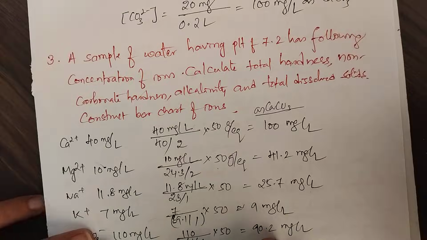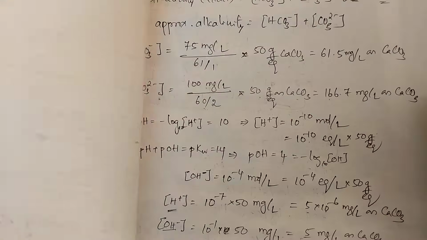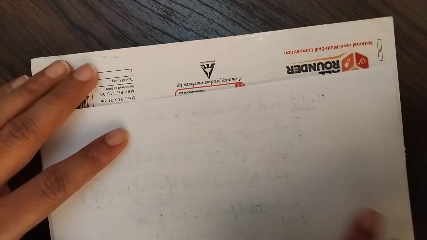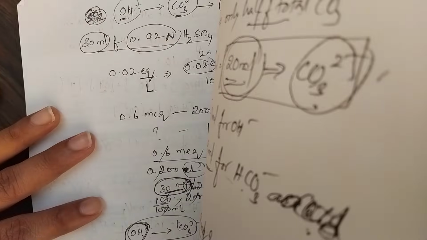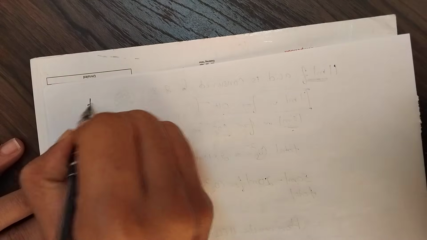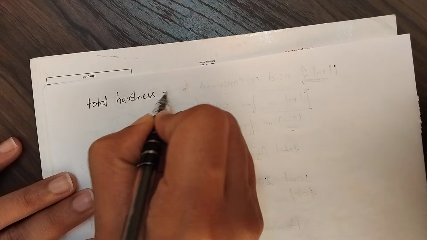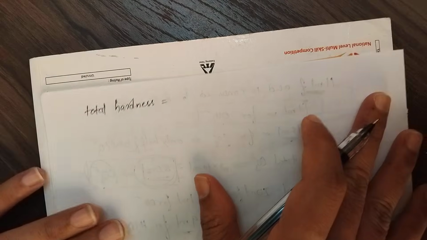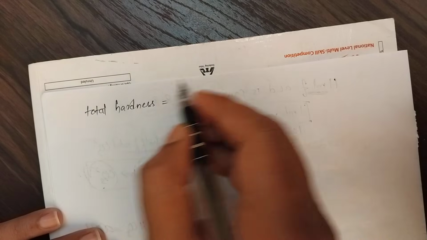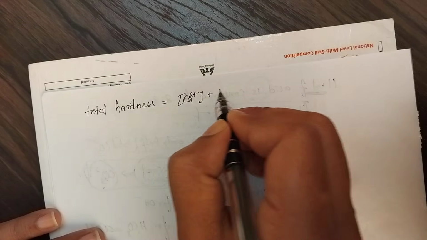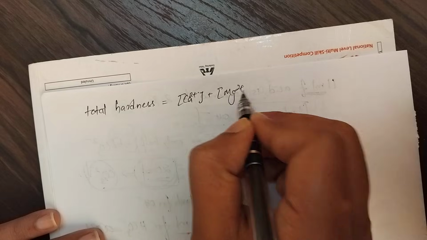Now we have to identify which of them contribute to total hardness and which contribute to alkalinity. The first one is total hardness. Total hardness is basically contributed by the polyvalent or multivalent metal ions, which are the calcium ions and the magnesium ions.